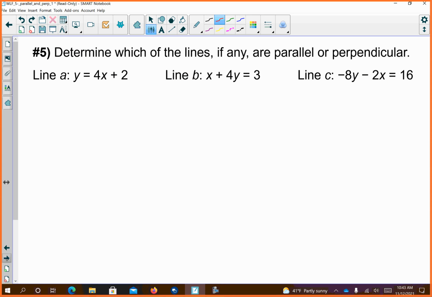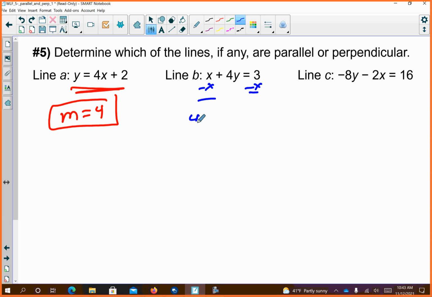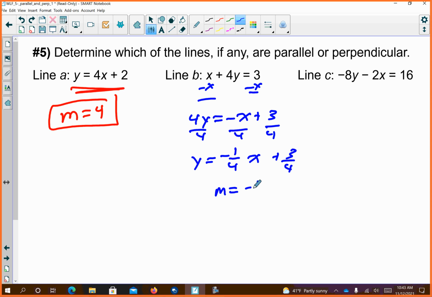Okay, so line A has a slope of 4. Agree? Line B, I don't see the slope right away, so I'm going to subtract x. Divide by 4. So y equals negative 1 over 4, x plus 3/4. This is the slope of the blue. This one in green, I need to solve it for y.